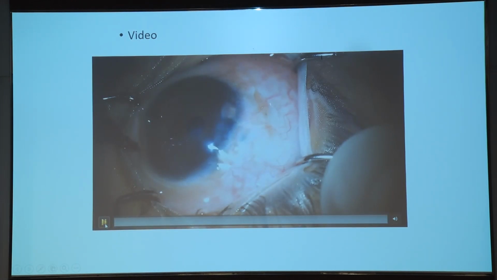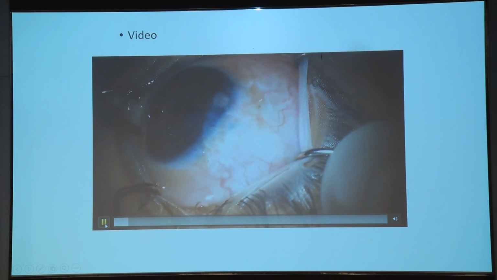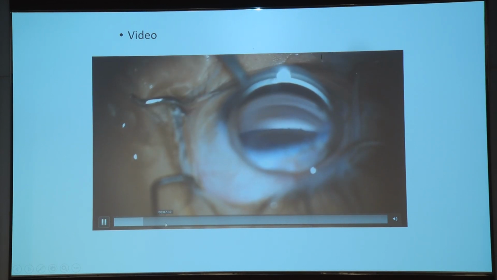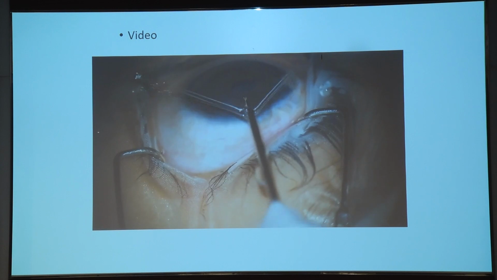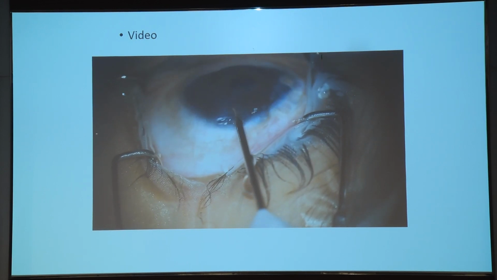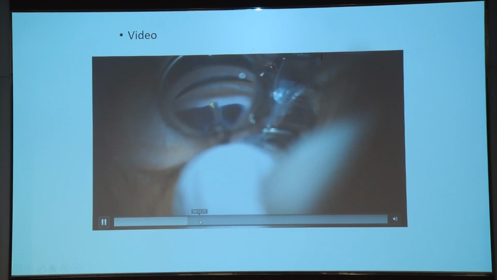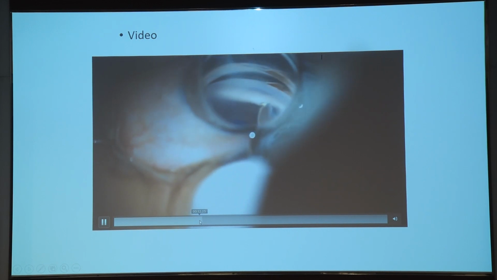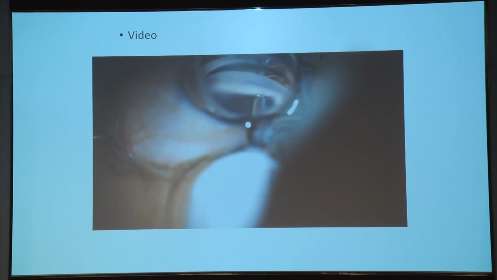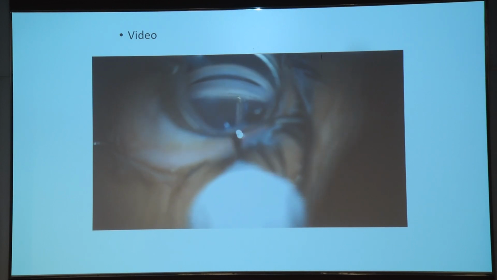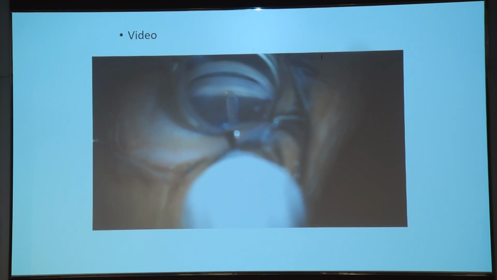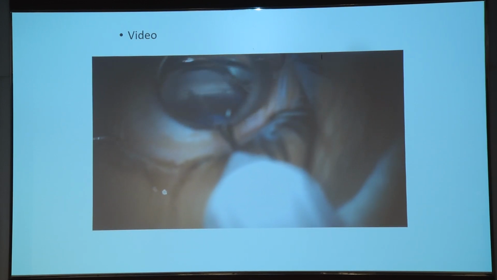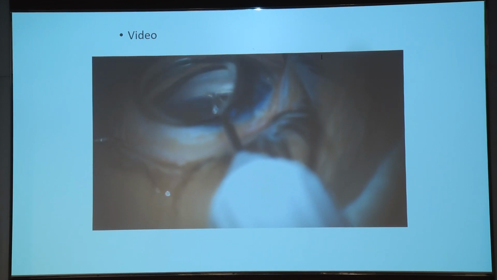So in this particular patient also, after failed trap plus trap, the angle procedure trabectome was performed, and you can see as you ablate the trabecular meshwork and the inner wall of Schlemm's canal, you can see this outer wall of Schlemm's canal, and this white line can be seen. So this patient did very well.